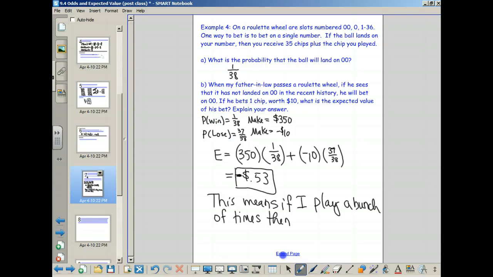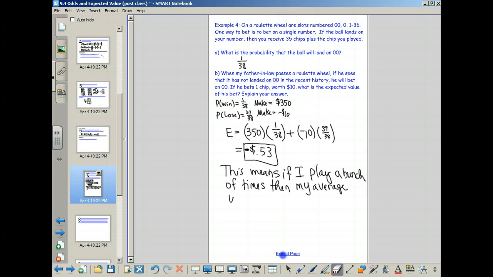All right, so if I play this enough times, then my average gamble costs me 53 cents, or $0.53. It costs me on average 53 cents to play the game.